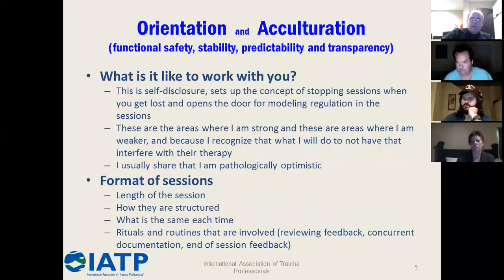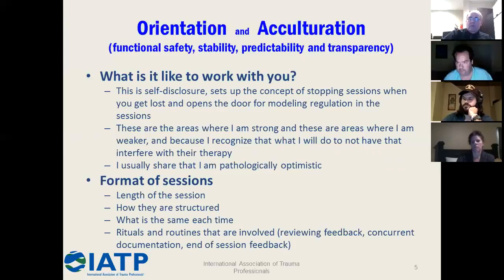So next, what is it like to work with you? This is a time for self-disclosure, which makes a lot of therapists uncomfortable because they have been told there shouldn't be self-disclosure. Unfortunately, that rule doesn't work with human beings.